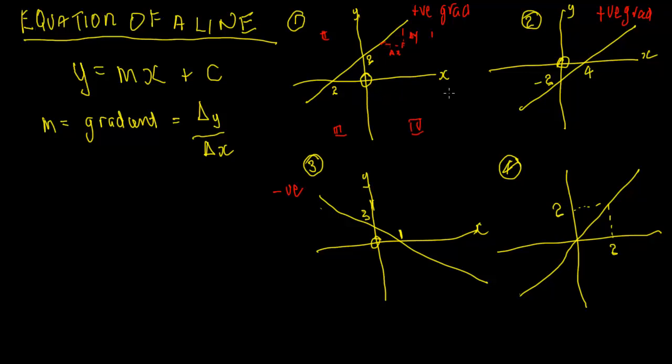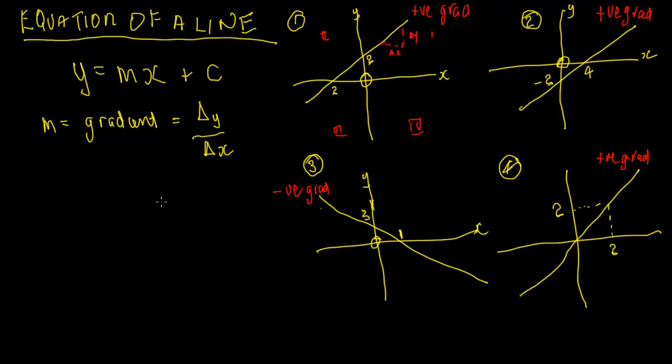So there's a number of ways of determining whether your gradient is positive or negative. This one is negative, and this one is positive, following the left hand. So you can pretty easily, by inspection, see whether a gradient's positive or negative.